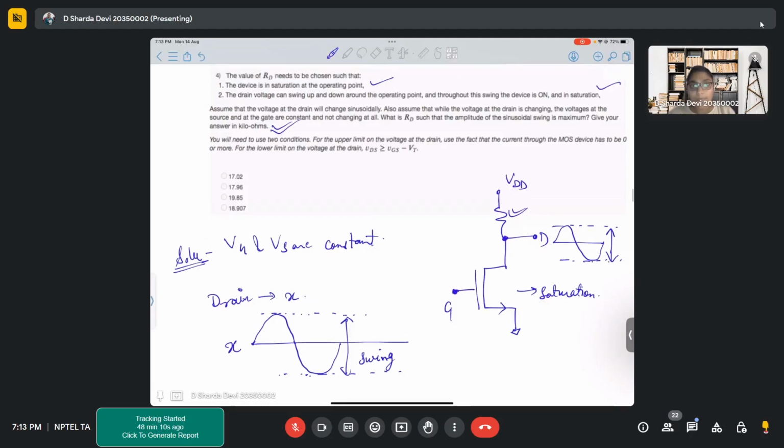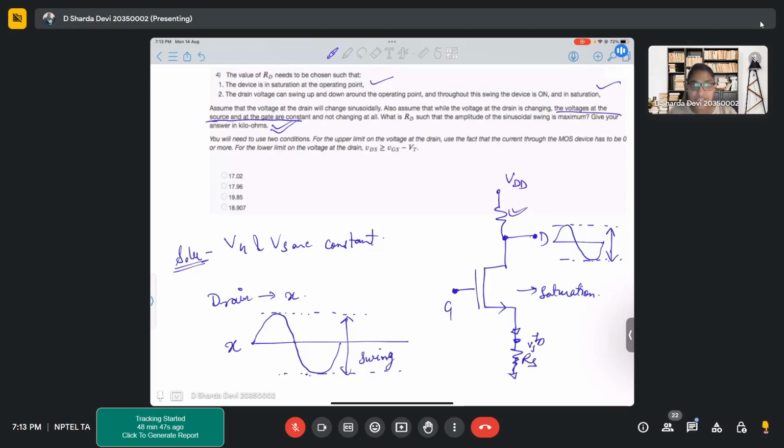Ma'am, why RS is not there? RS is not there because here it is mentioned that assume your voltages at source and gate are constant, right? It is already mentioned that voltages at your source and gate are constant. So at gate, let's say it is constant, but for source, if there was a RS, then what would happen is according to your ID, the change in node VD actually will change your voltage at node VS also, right?